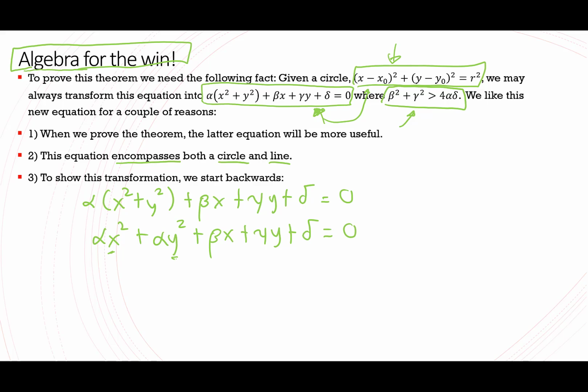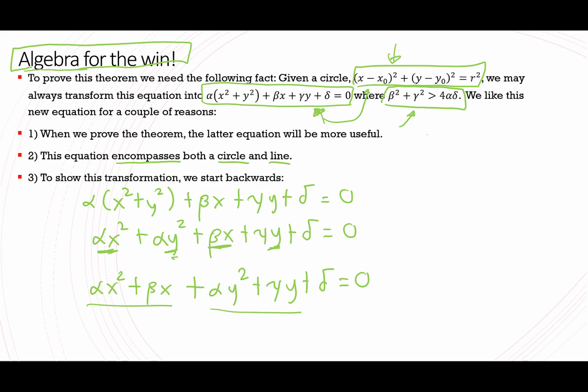So I'm going to group together my x terms and my y terms: alpha x squared plus beta x plus alpha y squared plus gamma y plus delta equals 0.